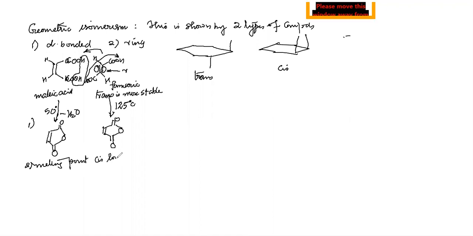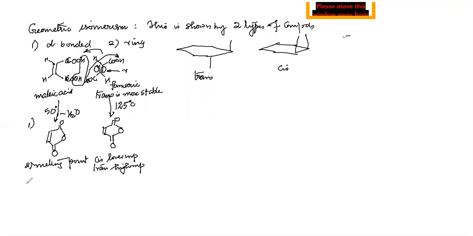Trans isomers have higher melting point. So you can easily recognize them based on this.